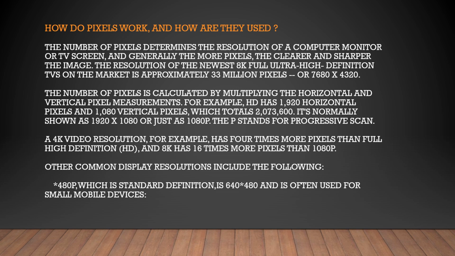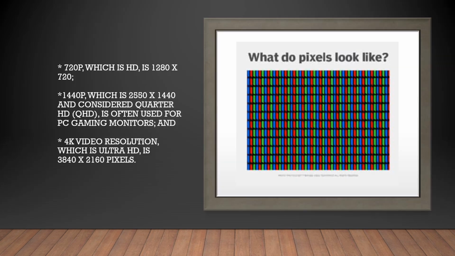Other common display resolutions include the following. 480p, which is standard definition, is 640 into 480, and is often used for small mobile devices. Look at this picture. Here you will get to know how the pixels look. This image consists of 720p, which is HD quality, is 1280 into 720.